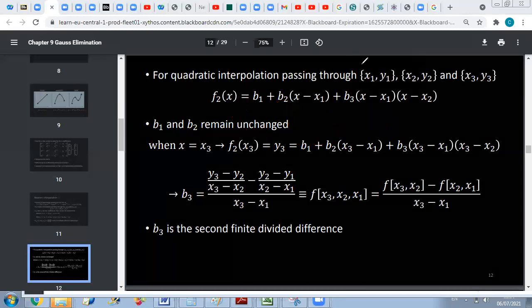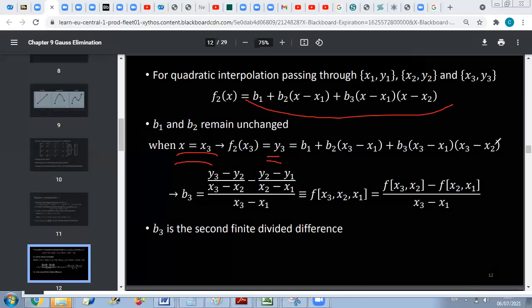Okay. So now, how to find b3? As we said, b1, b2 will remain as they are. What about b3? To find b3, all I have to do is write the condition that for x equals x3, y3 is equal to f2 of x3. So if I replace x3 by its value in this formula, I get that y3 should be equal to b1 plus b2 times x3 minus x1 plus b3 times x3 minus x1 times x3 minus x2.